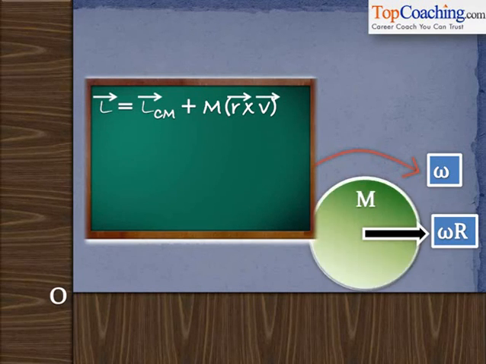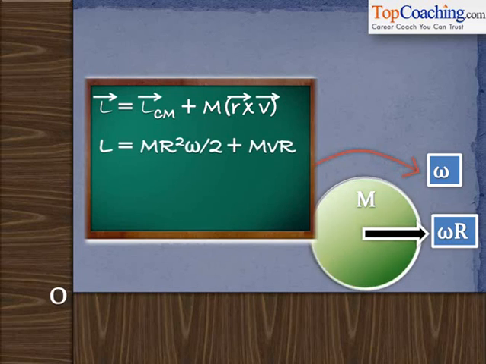Here v is the velocity of the center of mass of the body, r is the distance of the center of mass of the body from the axis about which angular momentum is being calculated, LCM is ICM into omega. The moment of inertia of this rotating disk is clearly mr square by 2 about its center of mass. So LCM is mr square by 2 into omega.